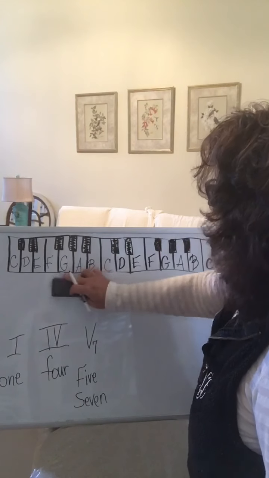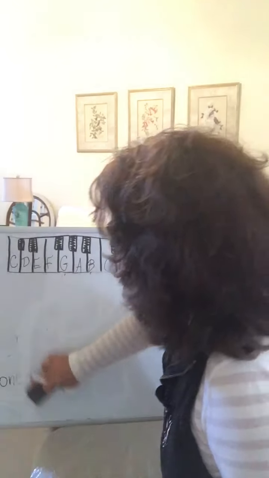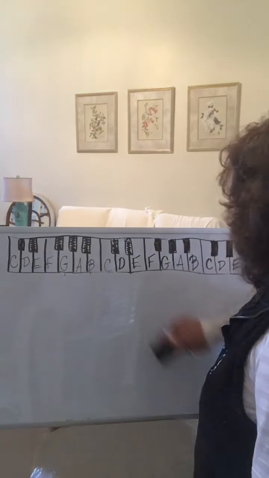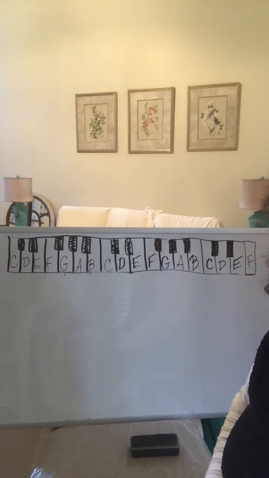Okay, so what we've just done is talked about how to form the chord. Now, go ahead and get your notebook out because this is going to make more sense if you actually write it yourself.